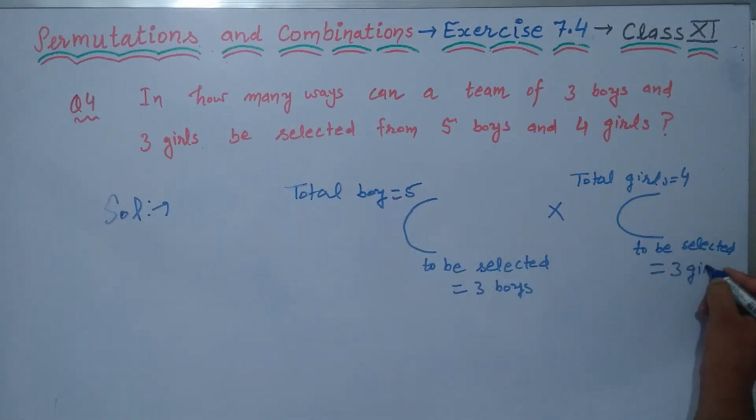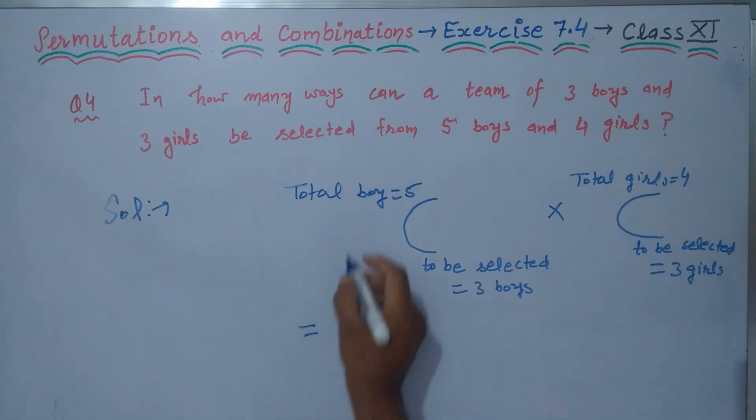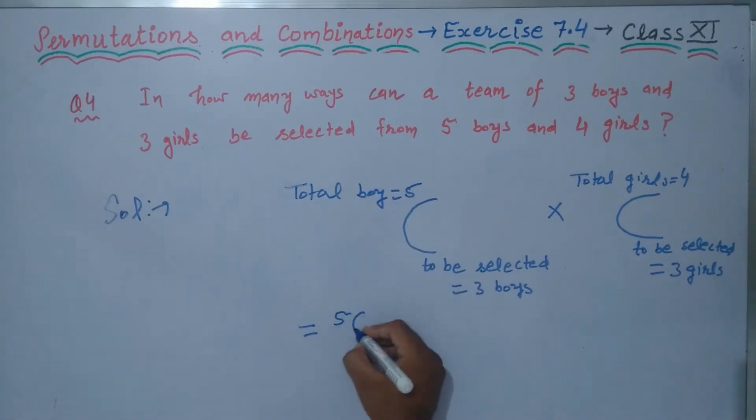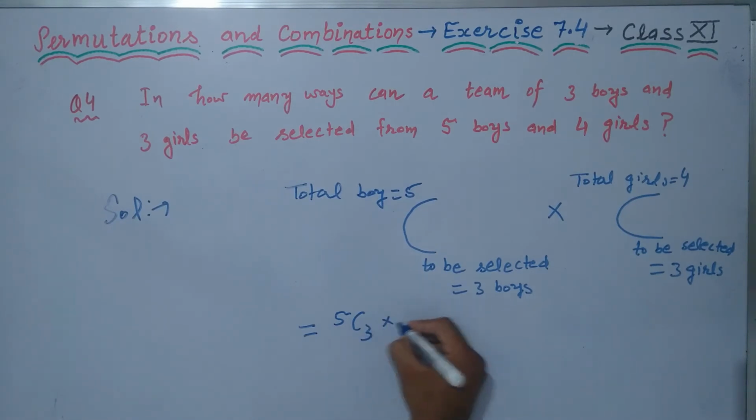3 girls are to be selected. So this way we have 5C3 into 4C3. Right?